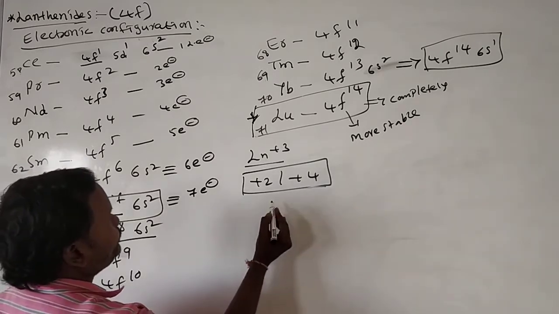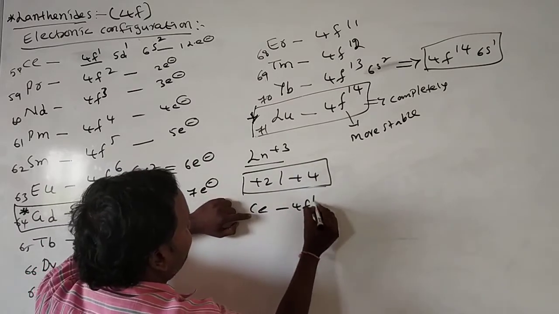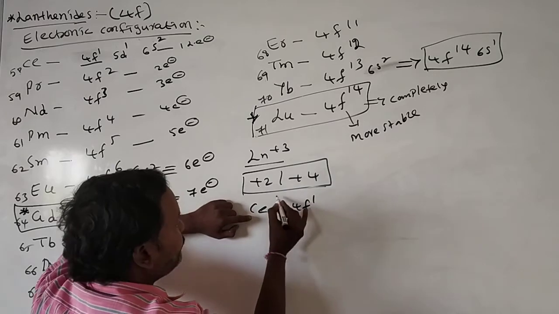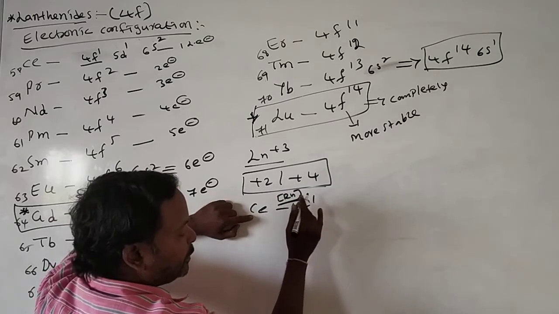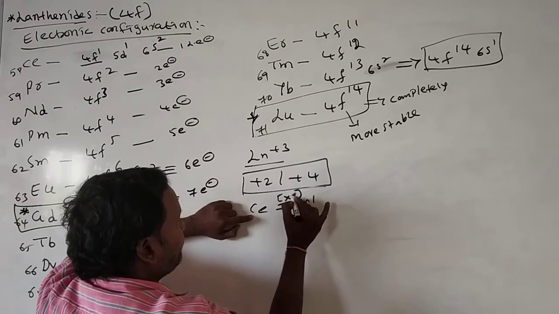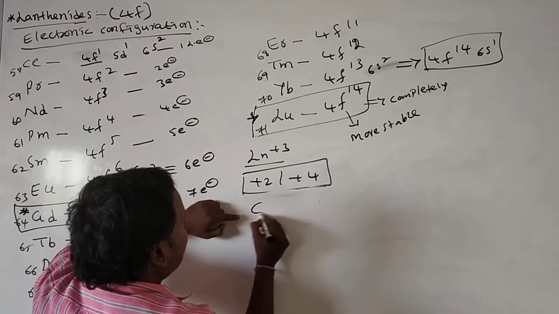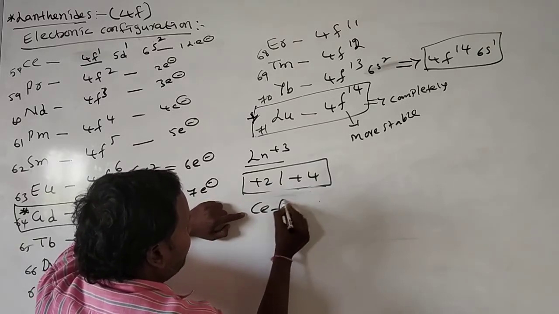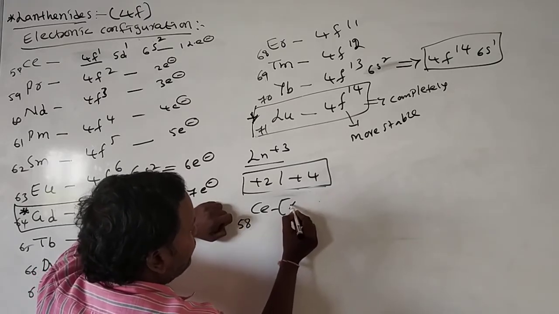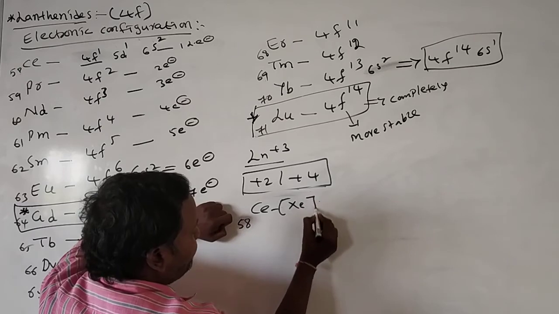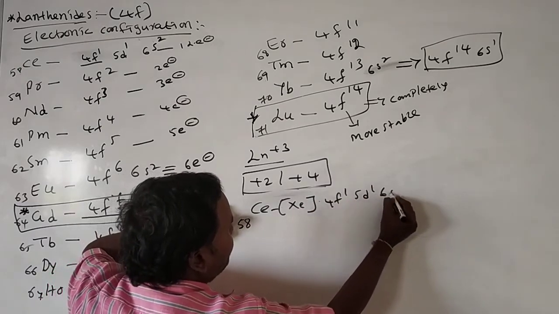See here, cerium's electronic configuration is 4f1, with xenon, the noble gas core. Cerium, atomic number 58, has the electronic configuration xenon 4f1 5d1 6s2.